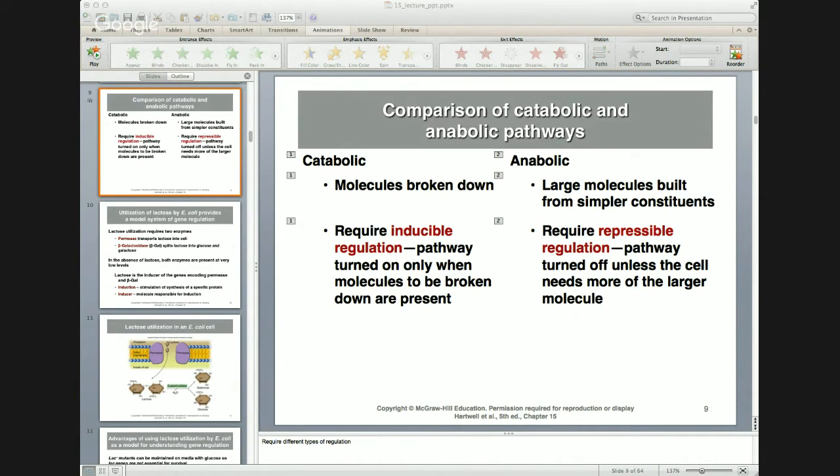Cis-acting elements, however, are stationary. They can only influence the expression of adjacent genes on the DNA molecule. So cis-acting elements really refer to portions of the DNA. In the context of the LAC operon, our cis-acting elements would be our promoter, our operator, and the structural genes.